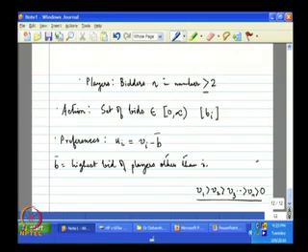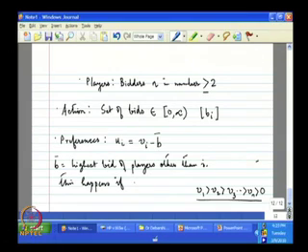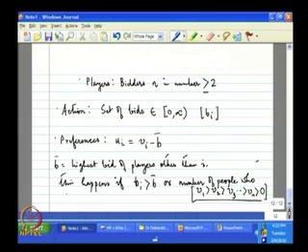And this will happen if b_i is greater than b-bar, or the number of people who submitted b-bar, because there might be more than one person who has submitted b-bar, is such that those people's numbers are greater than i.